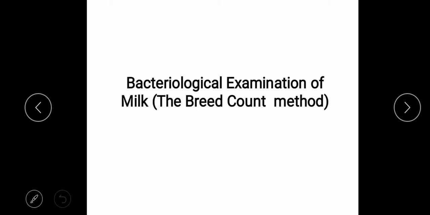In addition to being much faster than the standard plate count, the direct microscopic count has two other distinct advantages. First, it will reveal the presence of bacteria that do not form colonies on an agar plate at 35 degrees Celsius.